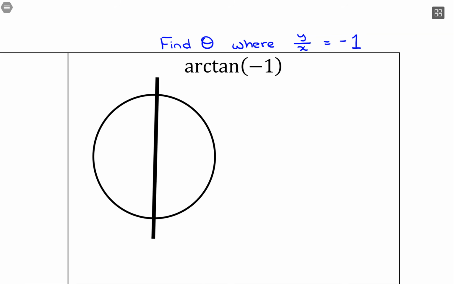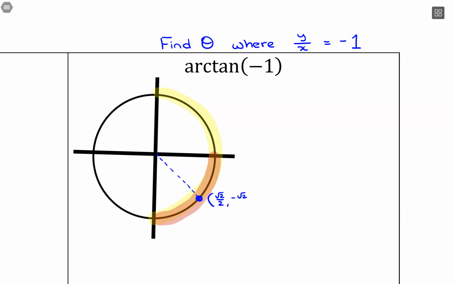So if I have my unit circle, and tangent's restricted from negative pi over 2 to pi over 2, and since that's negative, we're going to have to be in this fourth quadrant where we have positive x and negative y. And these values of 1 are going to be occurring at increments of pi over 4. So we're going to be down here at positive root 2 over 2, negative root 2 over 2.